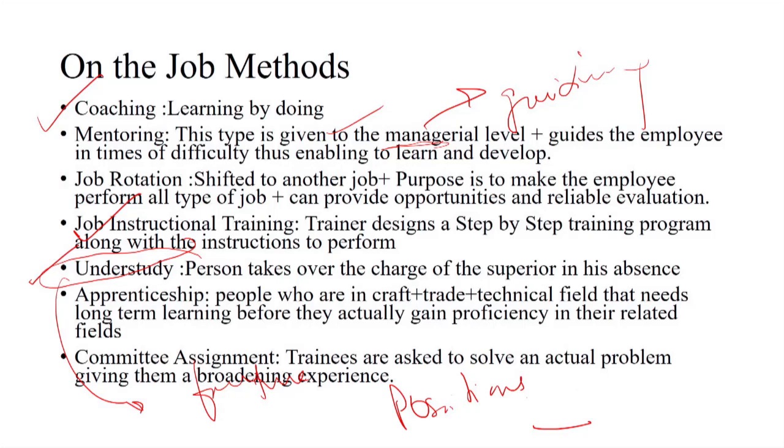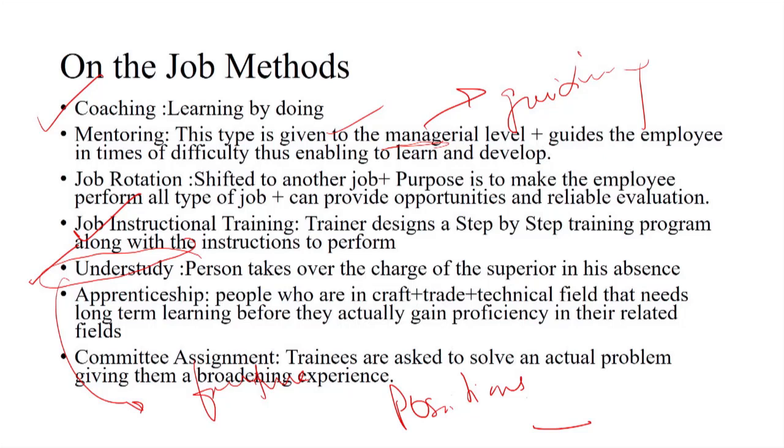Then the next one that we have is related to apprenticeship. Apprenticeship is basically a kind of training which is given to people in craft, in trade or in technical fields that actually require long-term learning before they can gain proficiency in their respective discipline.